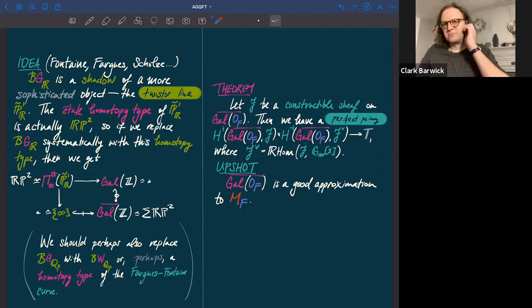Yes, I think so. Let me make sure that I'm going to tell you the right thing. One of the issues that shows up is if you look at the Weil-étale cohomology.